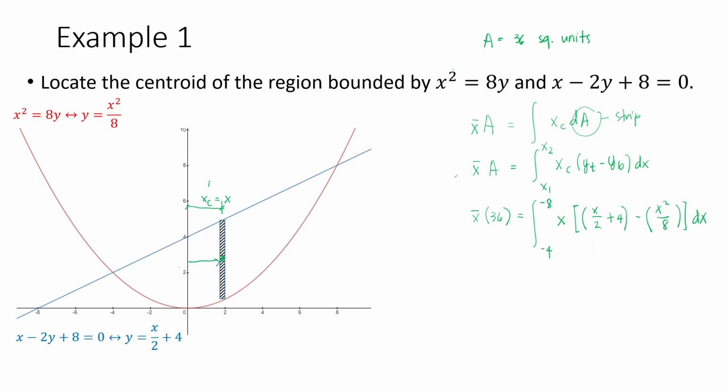That's why in the formula x sub c is just the x variable, because we don't know the exact value of the location of the centroid. So I think you have to solve first the right hand side and then divide everything by 36. Then you're going to get bar x.